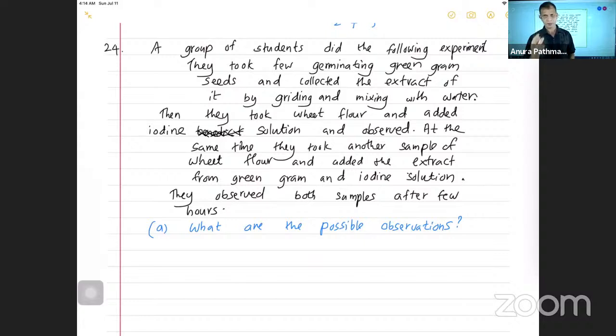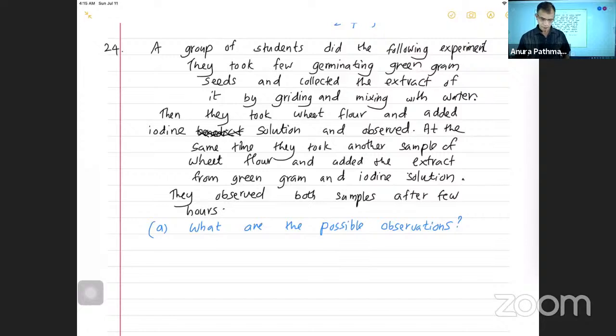So the purpose of taking germinating seeds is to extract the amylase enzyme. Then grinding and mixing with water. Then they took the wheat flour and added the iodine solution. Adding iodine solution is the starch test. When iodine is added to starch, it turns dark blue or purplish blue.